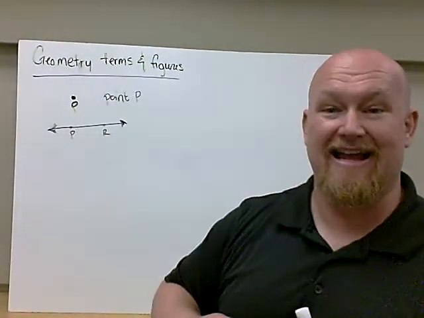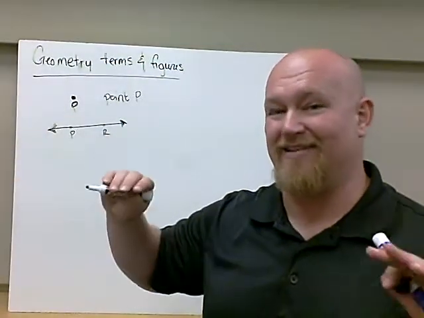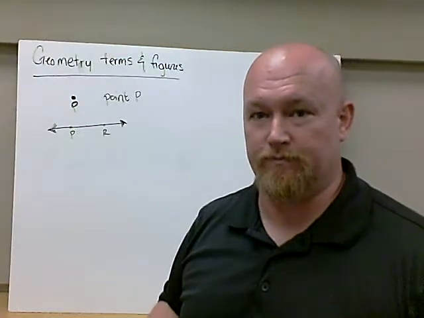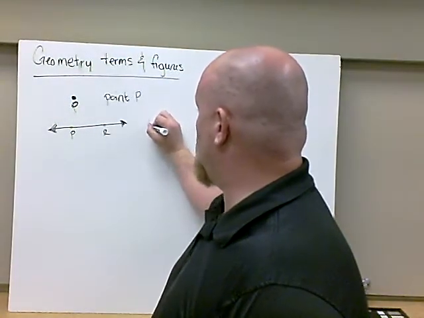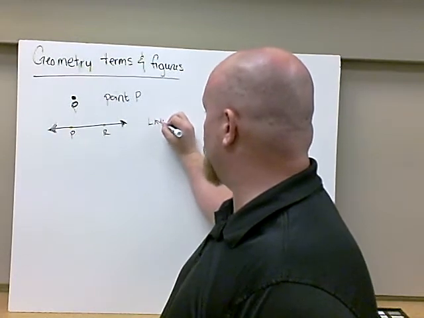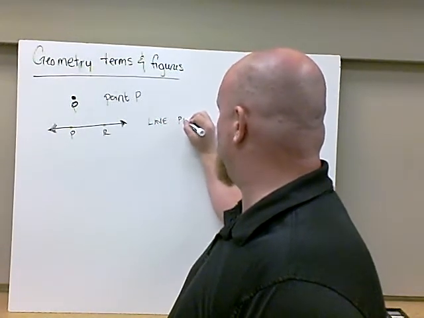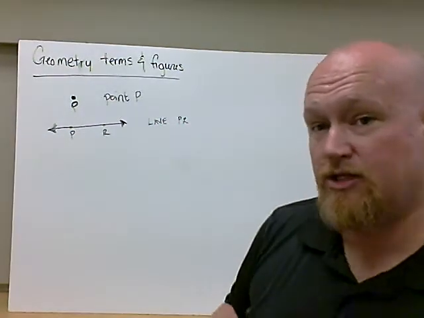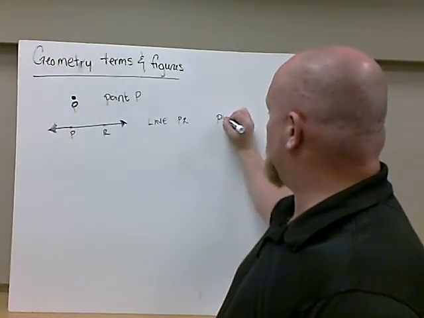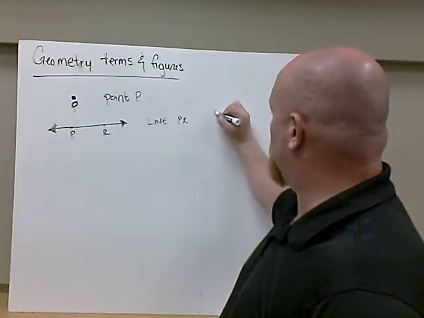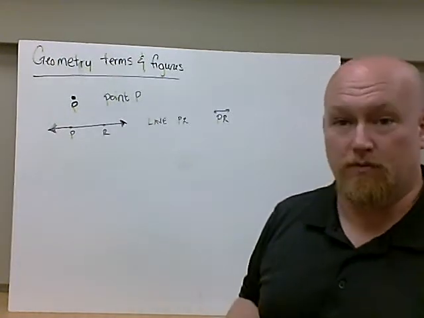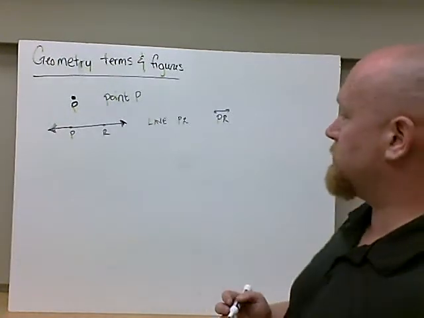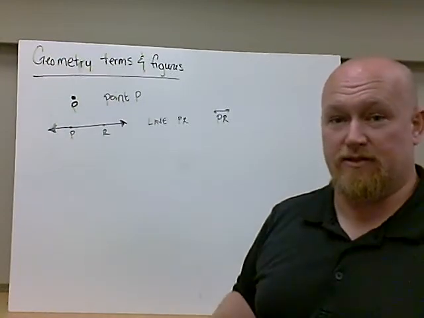That signifies that it goes on infinitely in each direction. You read it as line PR, it needs to have 2 points. And in notation, you just put P and R together and put a little double arrow over it, and that stands for line PR.